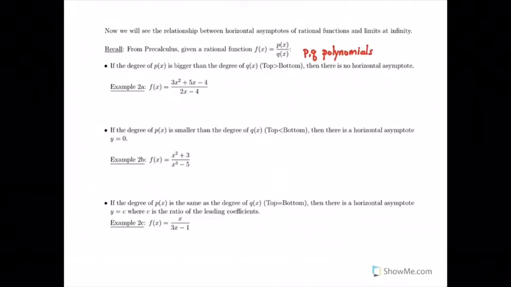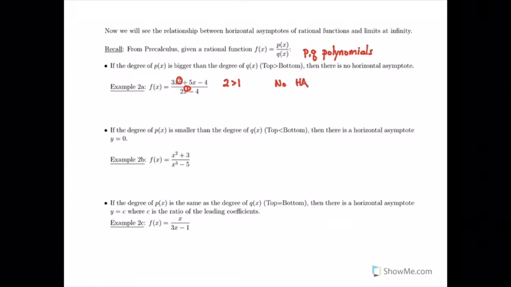If the degree of p is bigger than the degree of q, that's saying that the top is much bigger than the bottom, then there's going to be no horizontal asymptote. So in this first example, we have 3x squared plus 5x minus 4. We're talking about the degree, talking about that 2 and this imaginary 1 right there. So the degree of the top is 2. 2 is bigger than 1. So there is no horizontal asymptote.